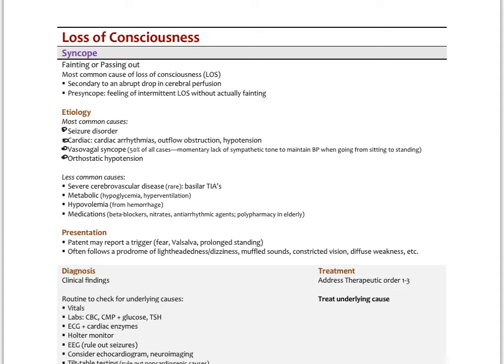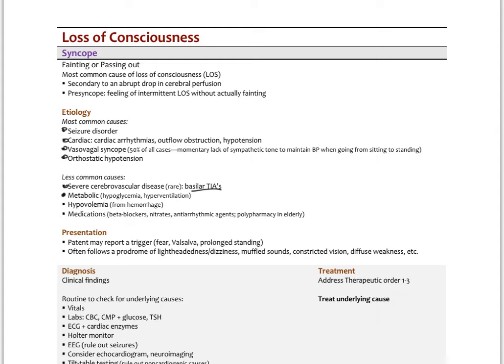Less common causes would be severe cerebral vascular disease like basilar artery transient ischemic attacks, metabolic problems like severe hypoglycemia or hyperventilation, which causes that you ventilate off your carbon dioxide, you get more alkaline in the blood, hypovolemia from hemorrhage, low blood volume, and different medications might actually create sensation of syncope or pre-syncope.